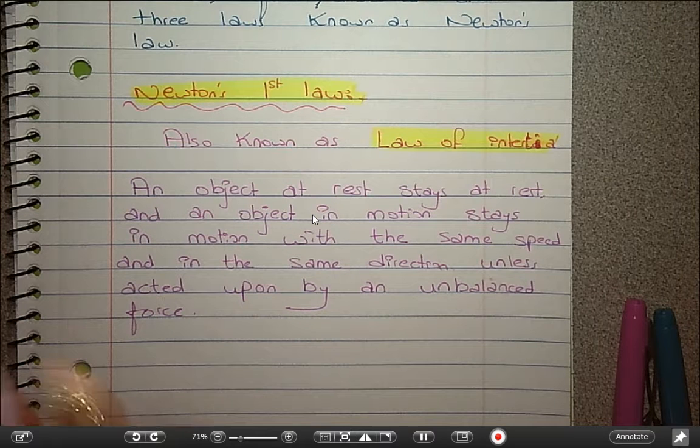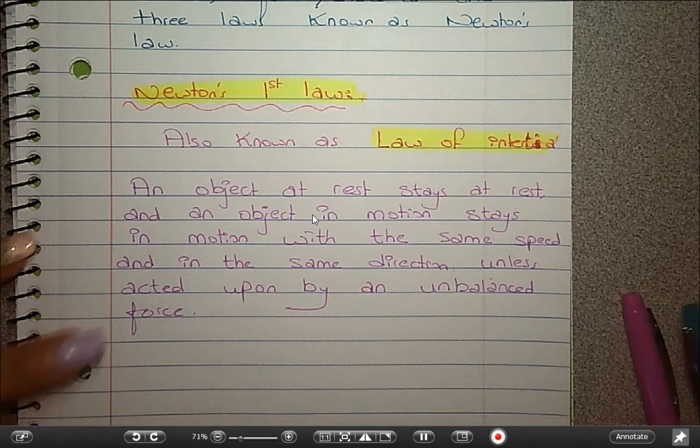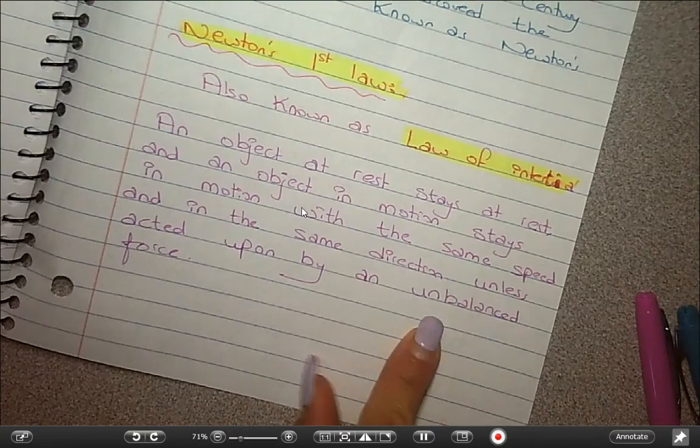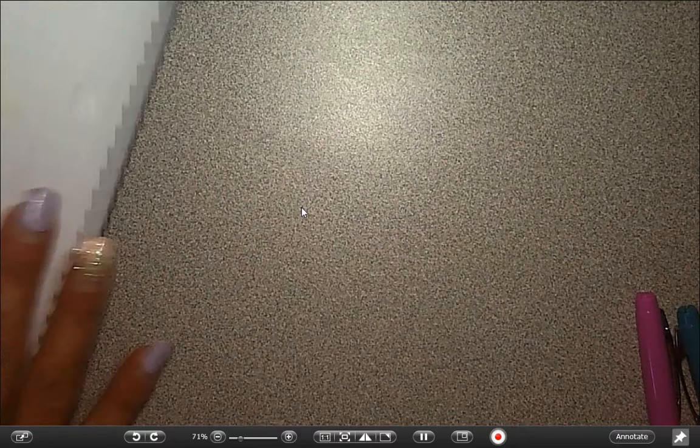Right? So in other words, we have two very important statements that will summarize Newton's first law. So when we said unless acted upon by an unbalanced force, what then are the forces that are balanced?